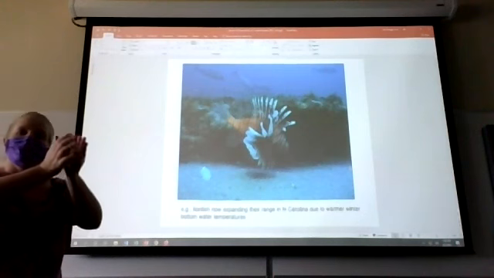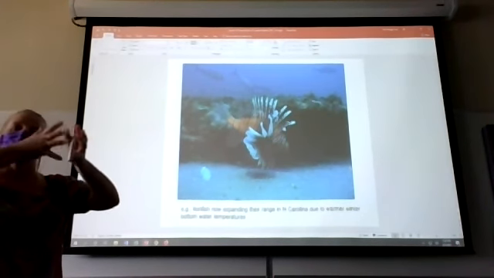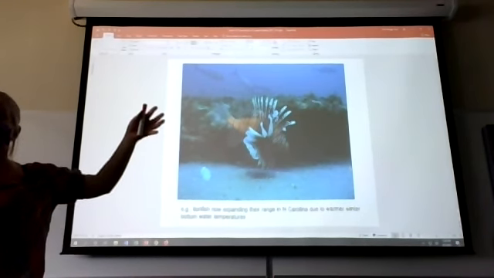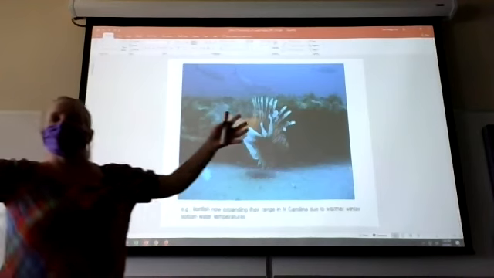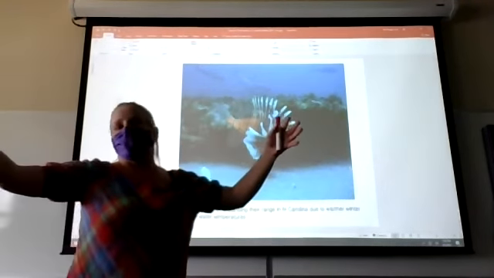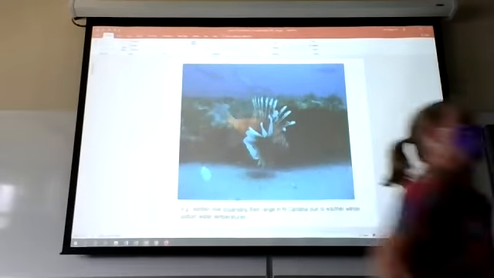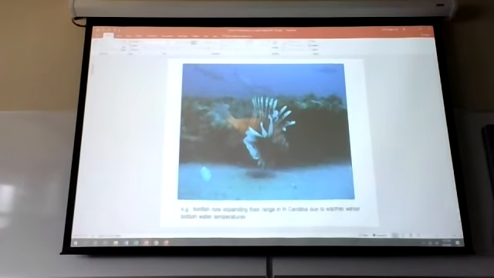Similar to here, because we're seeing increased water, the range tends to shift.